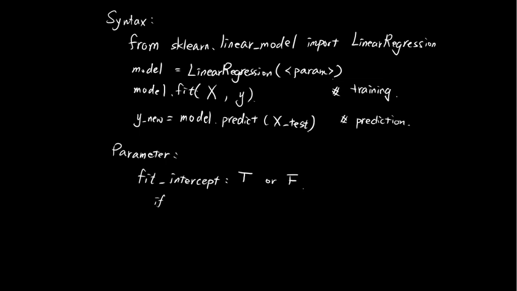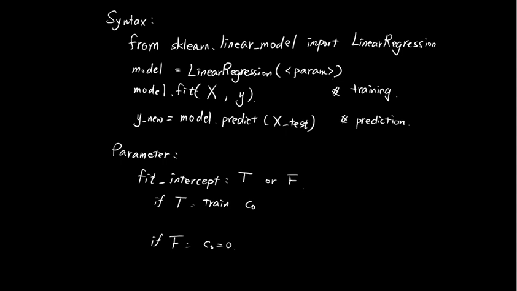If true, then it is going to train C0. Otherwise, it is not going to train C0. It will assume that C0 is equal to 0 and just ignore this parameter.